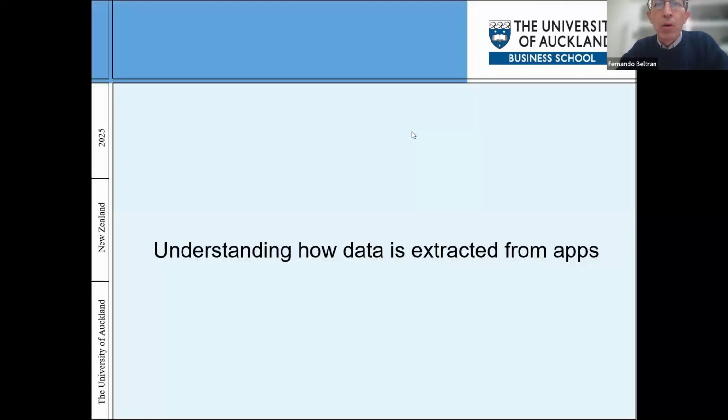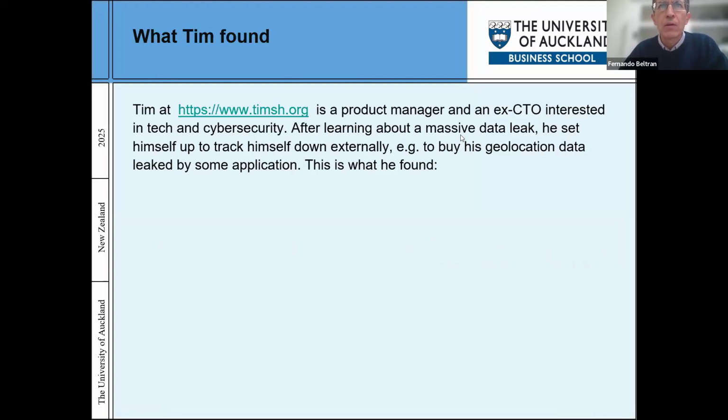In another example of how personal data is obtained from our digital devices, let's take a quick look at how data is extracted from apps. This is going to go through a story by someone named Tim.